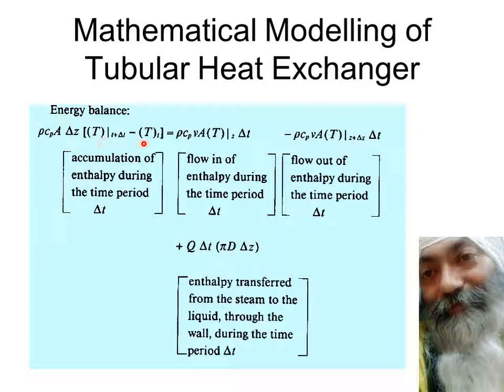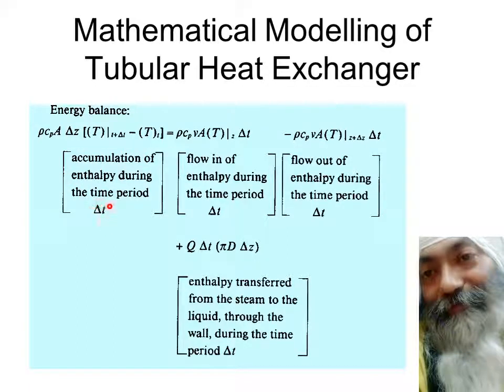So what's the rise in temperature? If you see, it stayed in this region for some time delta t, and there is the temperature at time t and the temperature at time t plus delta t; this was the rise. So this is the total amount of energy acquired by that section in time delta t.